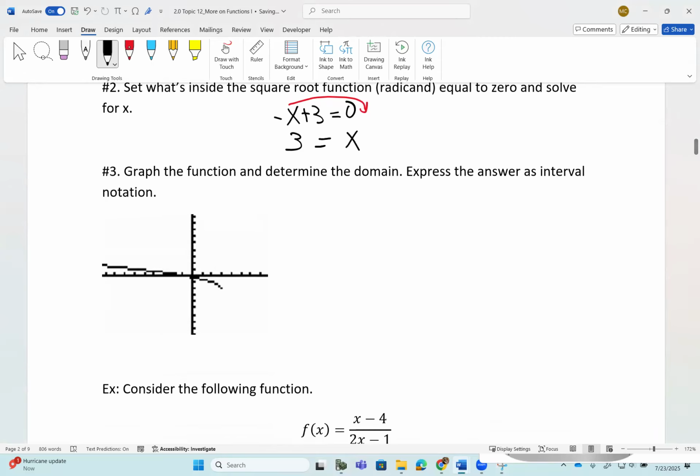So at this point right here, the x value has got to be 3. This arrow keeps on pointing left. So that means my x values, my domain, exist from negative infinity all the way to 3. 3 is actually a point on this function, so we will use a bracket.